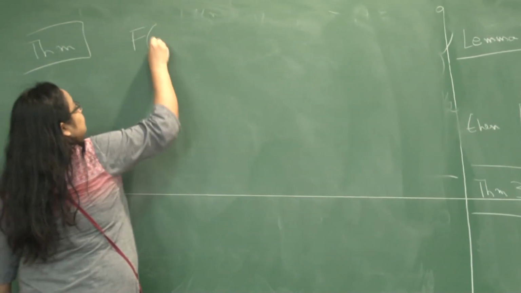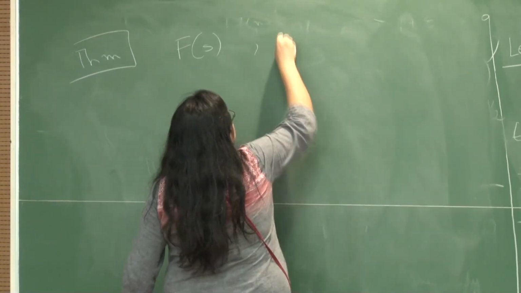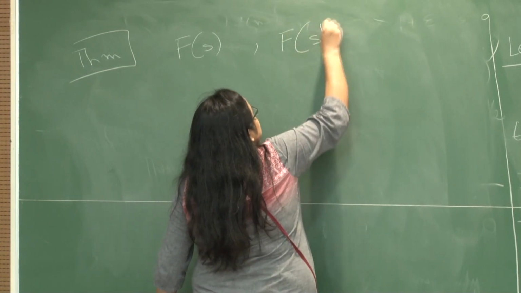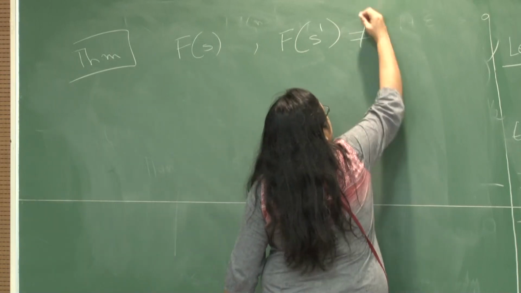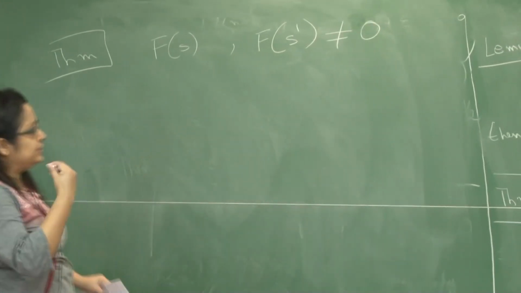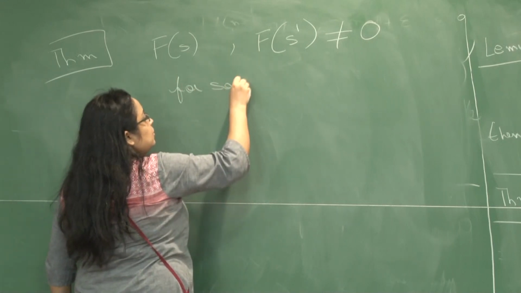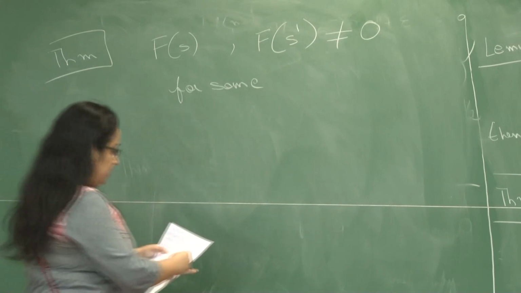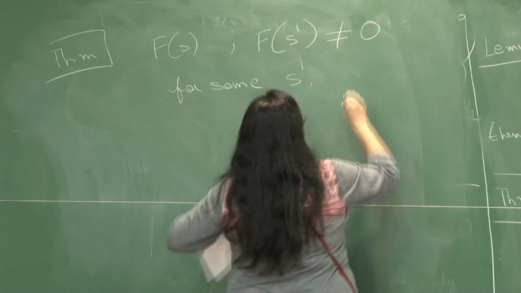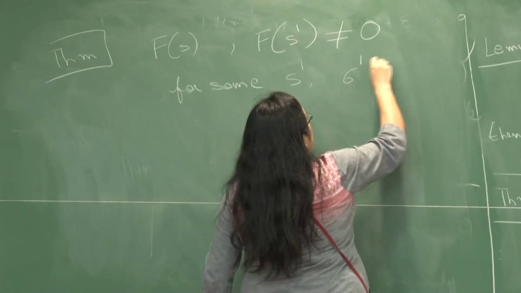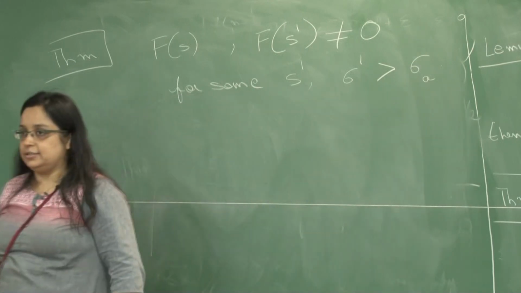Suppose you have capital F of s, this Dirichlet series, and you know that F of s prime is not equal to 0 for some complex number s prime, where the real part is greater than the abscissa of absolute convergence.